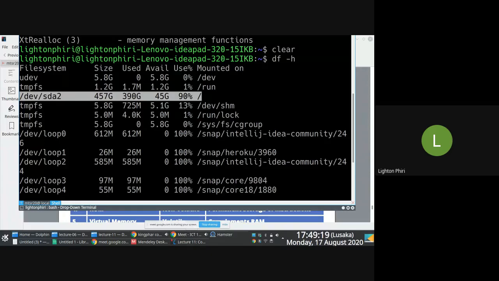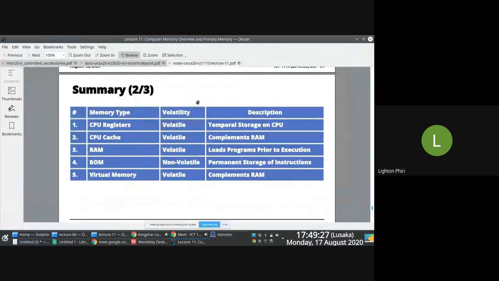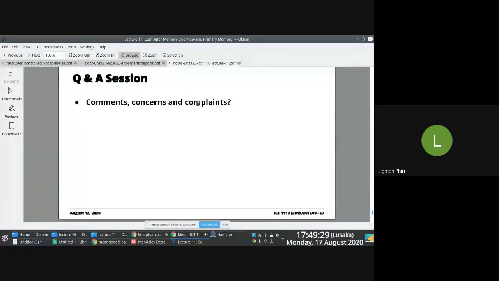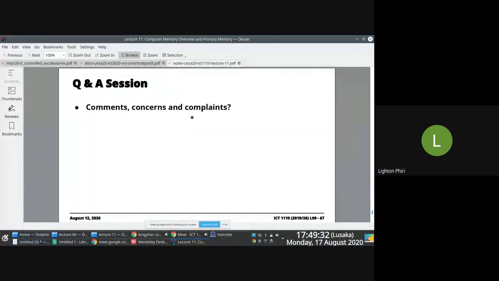Any other bright comments besides that? Okay. In the next session we start looking at file systems, before we set the stage for a discussion of secondary storage.